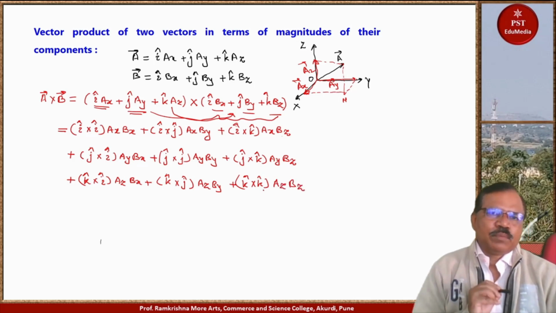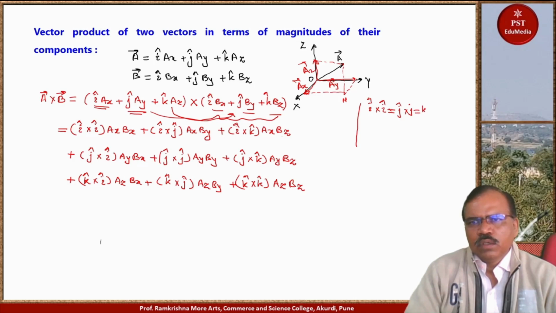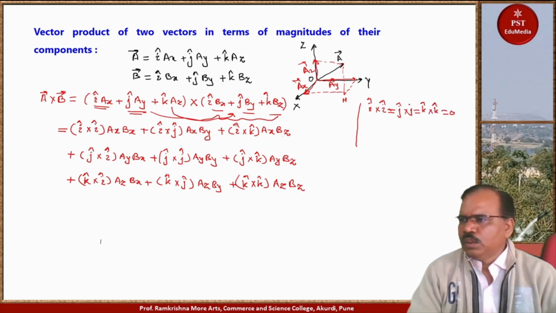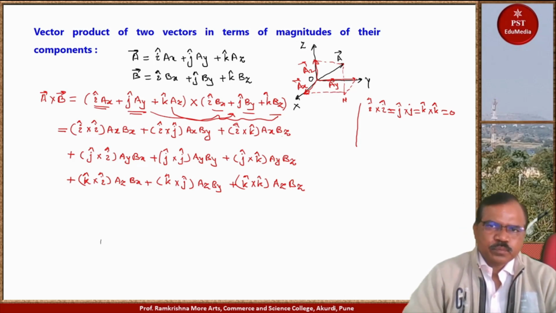So this is cross product. Now we have seen I cross I is equal to J cross J is equal to K cross K, and this is equal to 0. So when two vectors are parallel to each other, their cross product is 0.